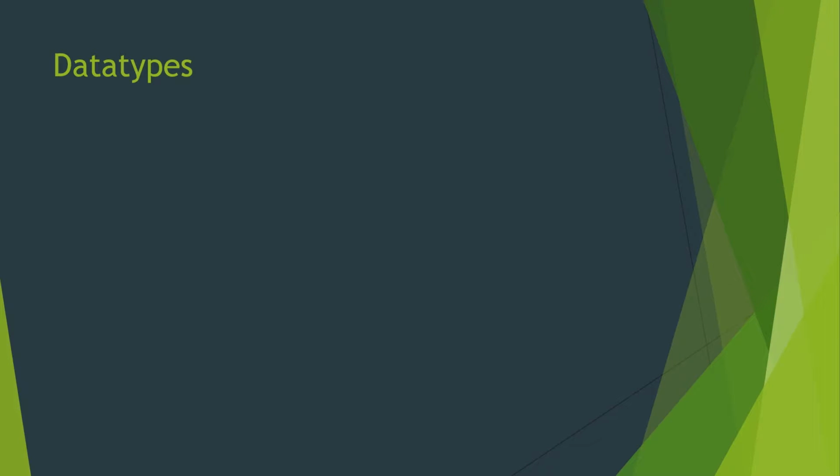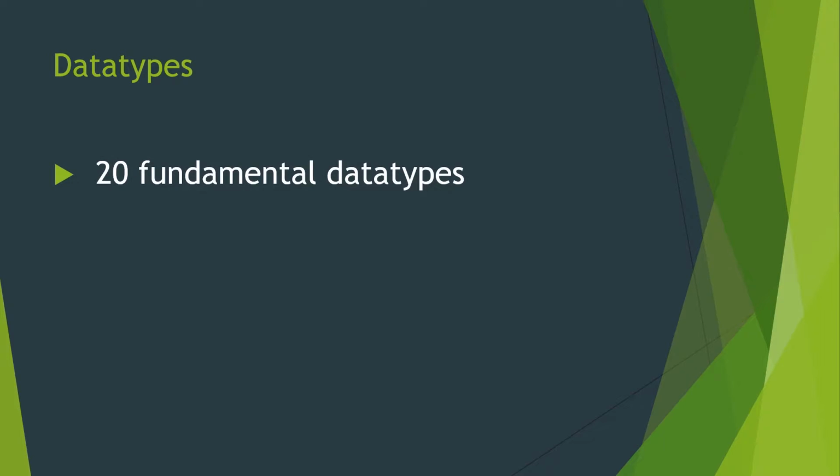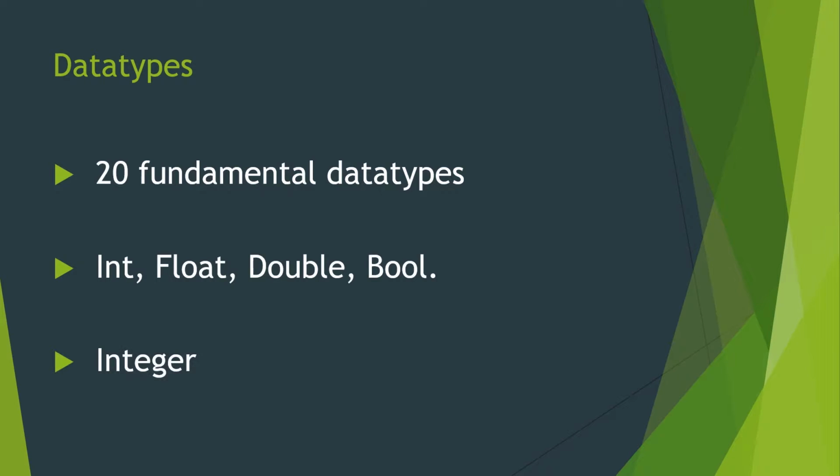So, data types then. There's 20 fundamental data types, and I think it's only 4 that are really important. And it's the integer, which is numbers without decimals.